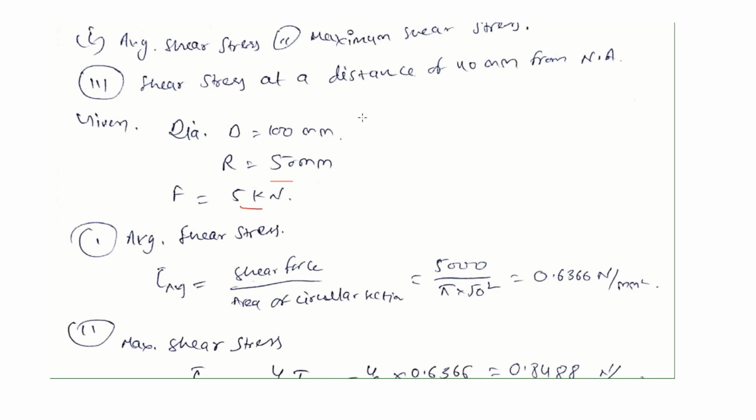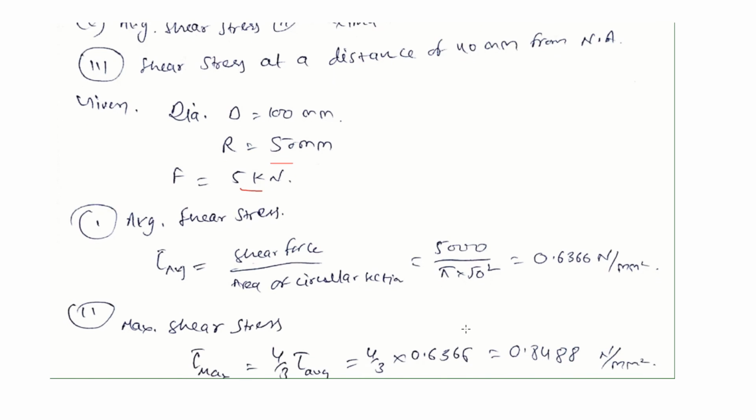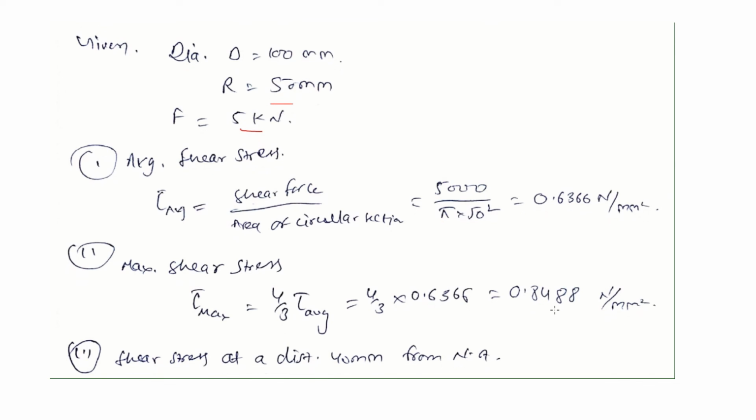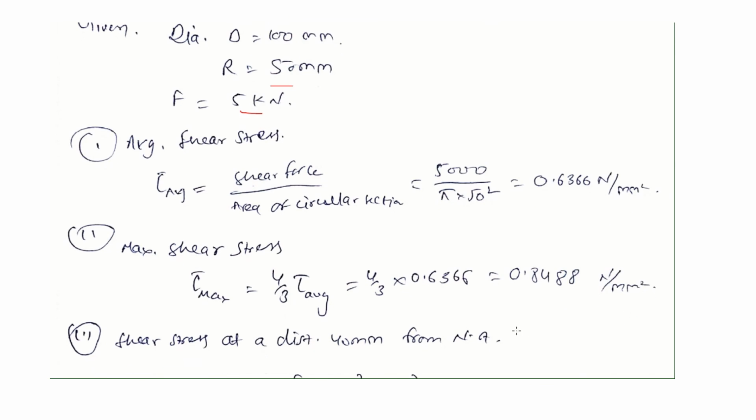We know the relation between maximum shear stress and average shear stress, and we already found tau average. So tau max equals 4 by 3 tau average. We put the tau average value here, and we get tau maximum equal to 0.8488 Newton per mm square.